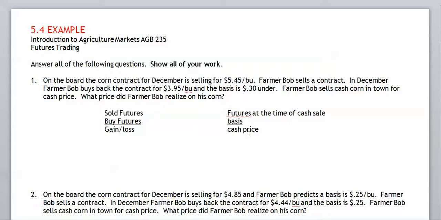So, in this problem, we sold futures for $5.45 a bushel. We bought the futures back. Farmer Bob buys back the contract for $3.95 a bushel. That's a gain.